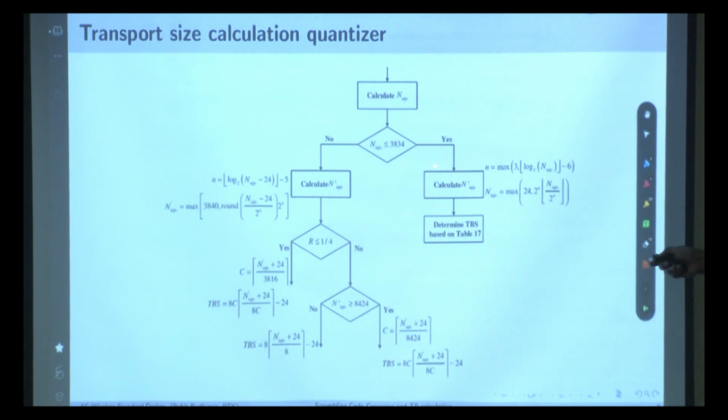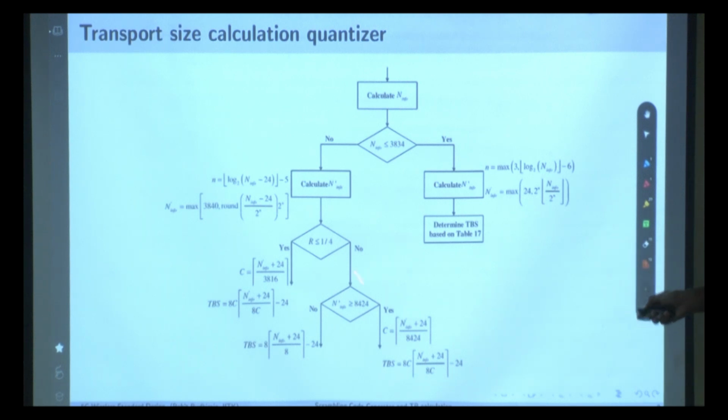So in our case, the quantizer will follow this route, and by looking at the number which we just calculated, it is going to give you a byte aligned size of the transport block. It will give you a number which will help in LDPC implementation by generating byte aligned code block sizes. If N_info is greater than 3834, you follow this route; if N_info is less than 3834, you follow the other route.